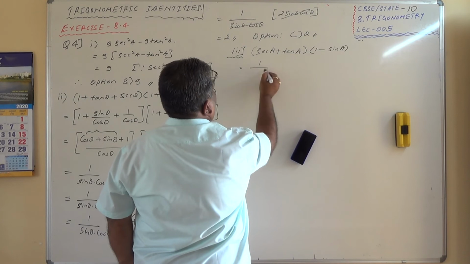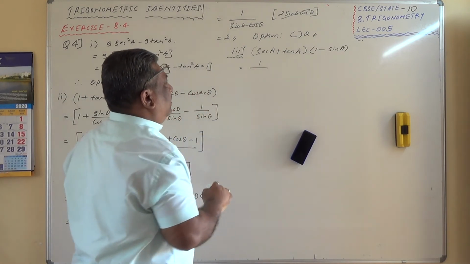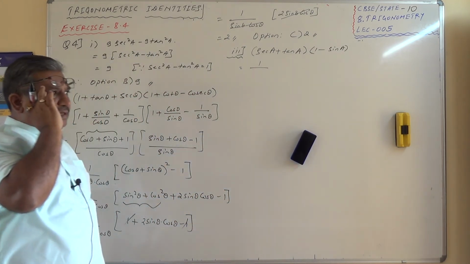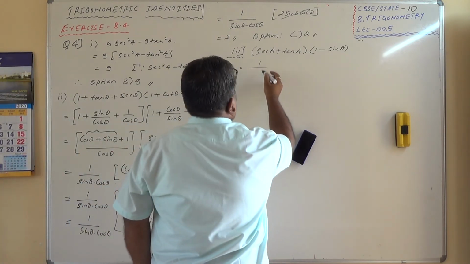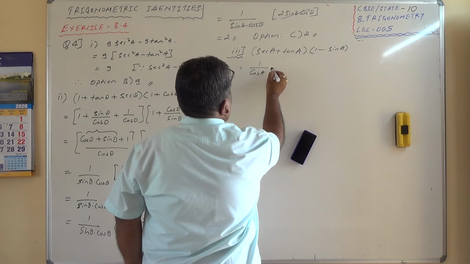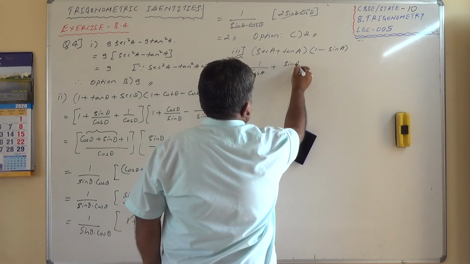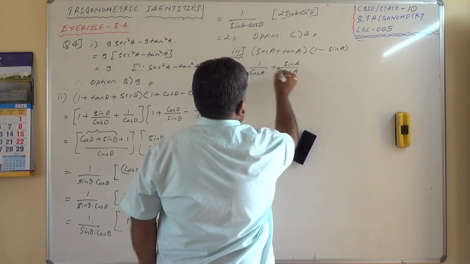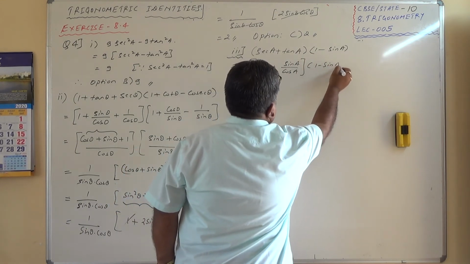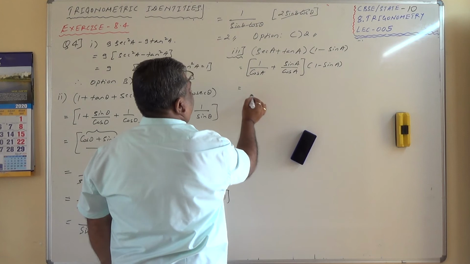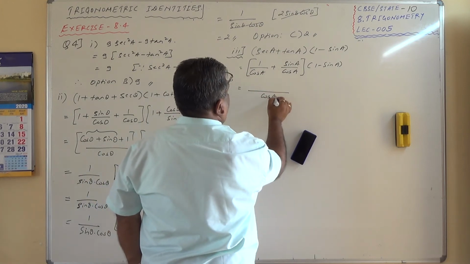Equals 1 divided by, generally other than sin cos ratios, then try to convert them into sin cos ratios. 1 divided by cos A plus sin A by cos A, which equals cos A.